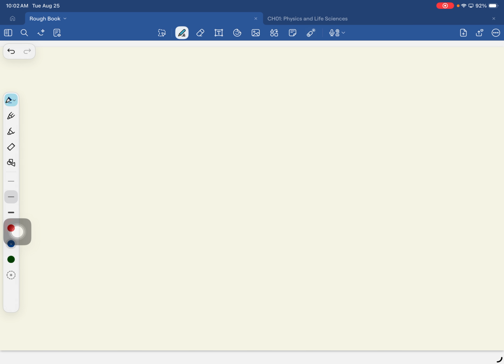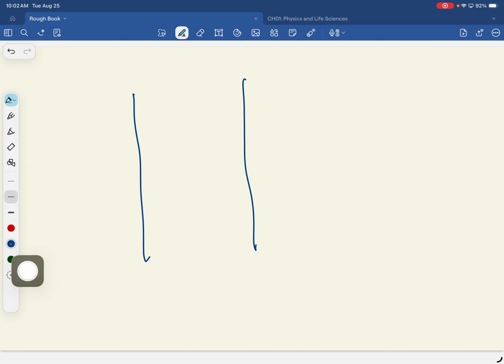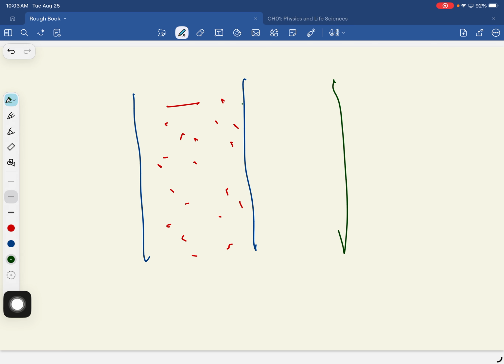Here's your blood vessel with toxins. And here's the dialysis fluid, and these are semi-permeable membranes.